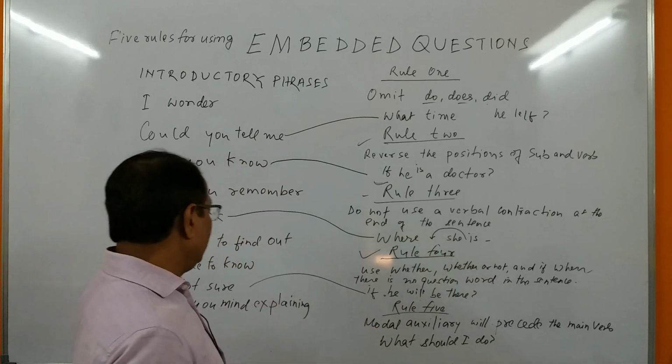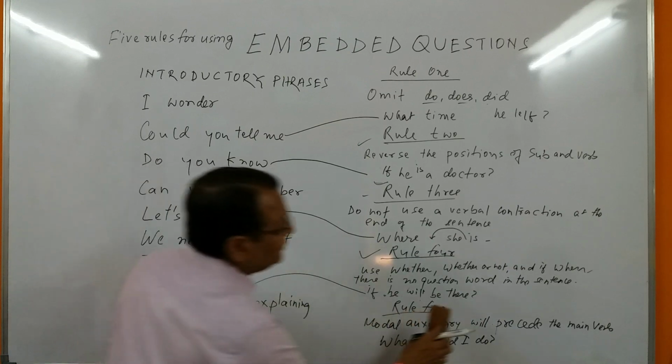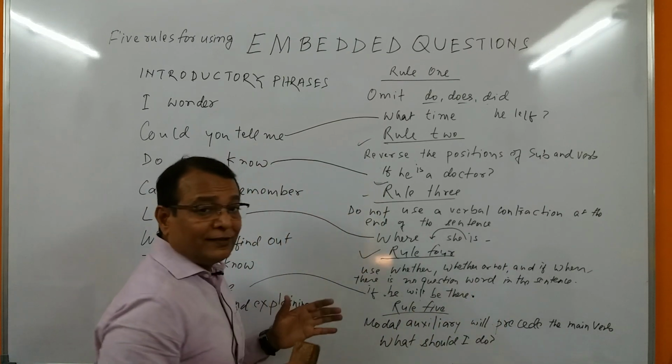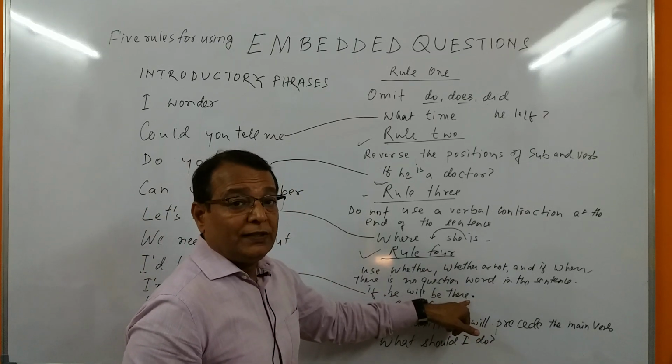You have to be clear. Again, I told you the introductory phrase is not in a question form, so just remove the question mark and put a full stop here. In written English grammar, it is very important to understand this.